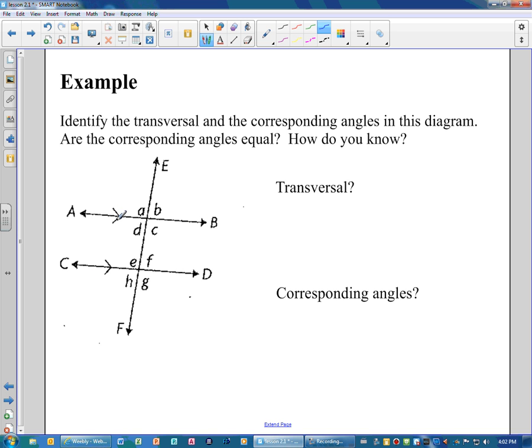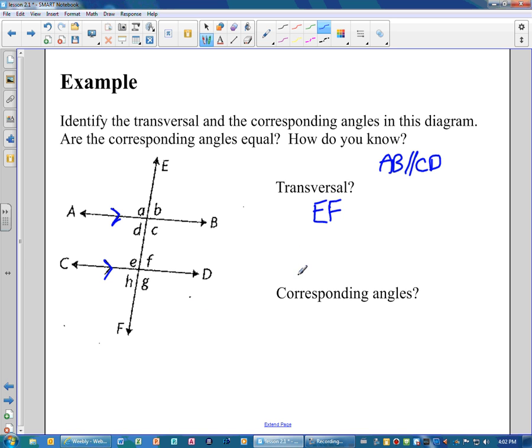They're parallel because of this little tick mark. This is what indicates they're parallel. So since AB, and we could write that, AB is parallel to CD, the transversal has to be EF because that's the line that's intersecting these two parallel lines. So the transversal is EF.